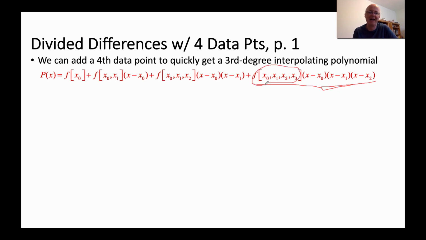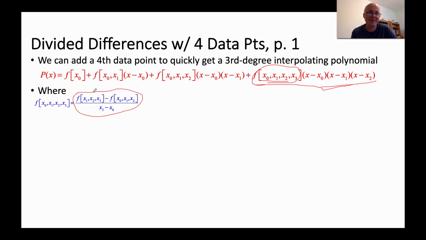So I'm adding on an x3, and there's a corresponding function value, f of x3. I add on just one more term to get this new interpolating polynomial, which will be third degree for 4 data points. And that third divided difference is a divided difference of second divided differences. By definition, it's this.